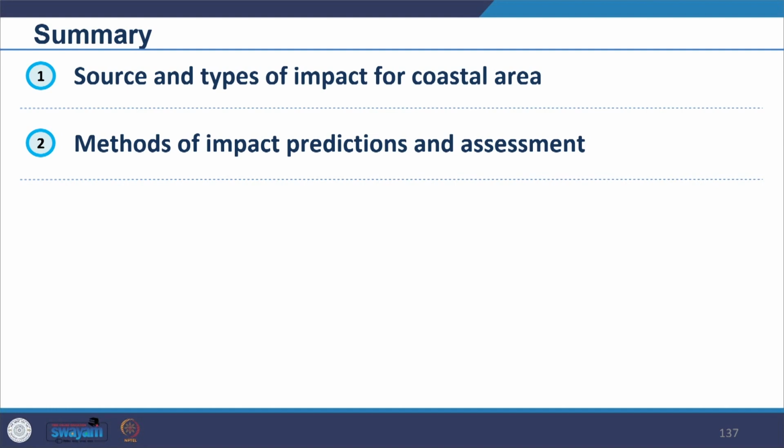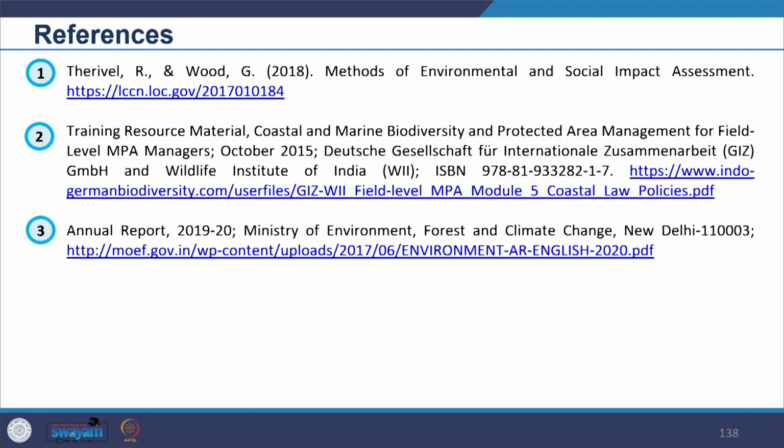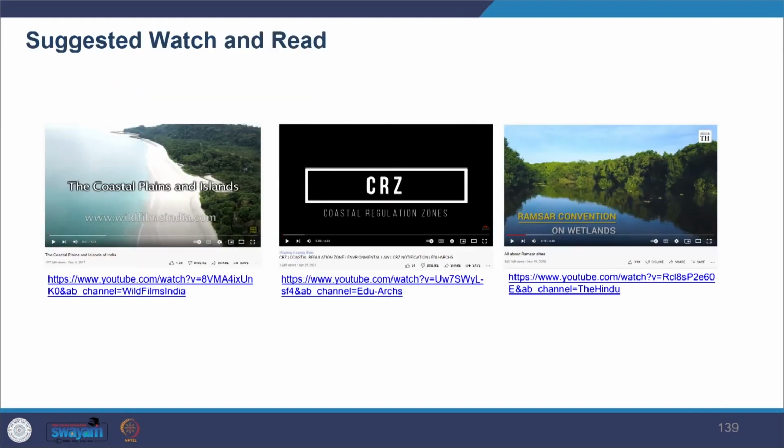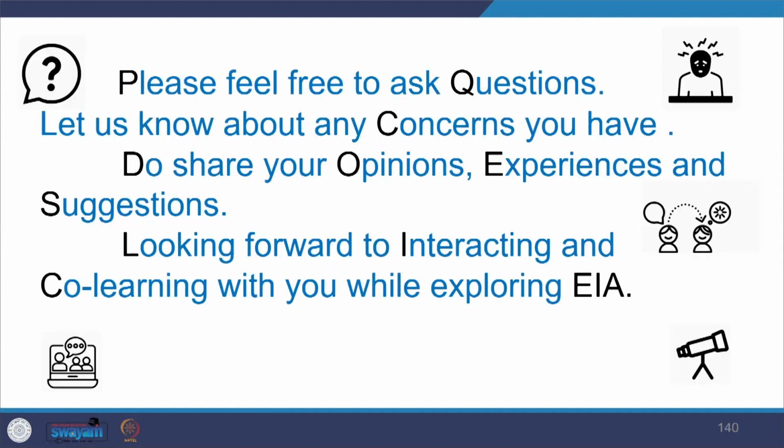That was the coverage for today. This was the key reference, Therivel and Booth's book, which is our textbook. And then there are suggested readings and watching, covering phenomena and cases which we could not discuss in full, but they have been given here so that you can look at those videos separately if you're interested. So we'll wind up there.